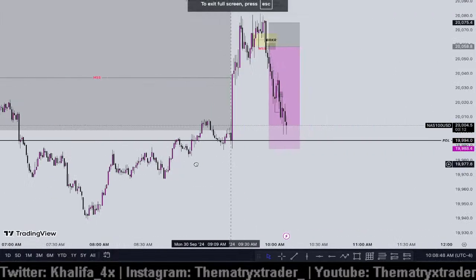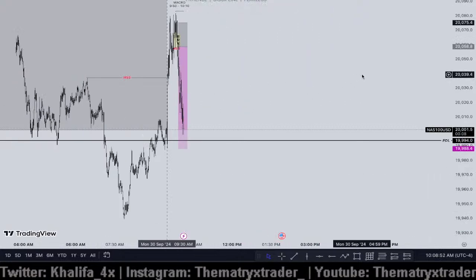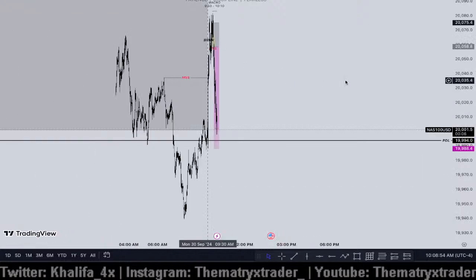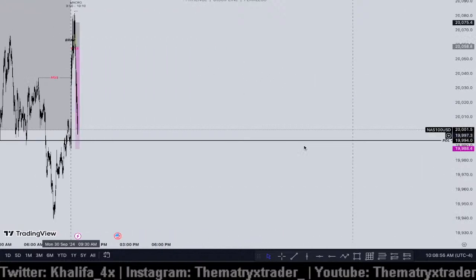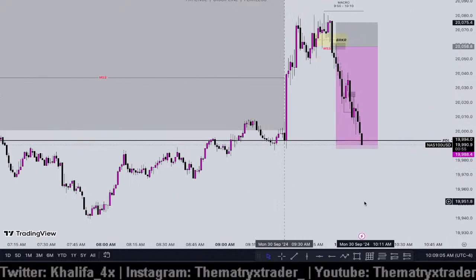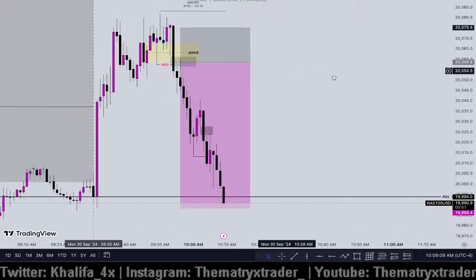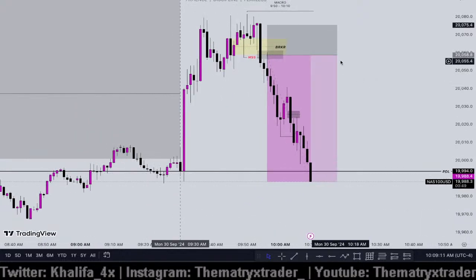Now you see, this is our trade window, 9:30 till 12. This is our trade window. Boom, boom, boom. What do we call this? Done and dusted.